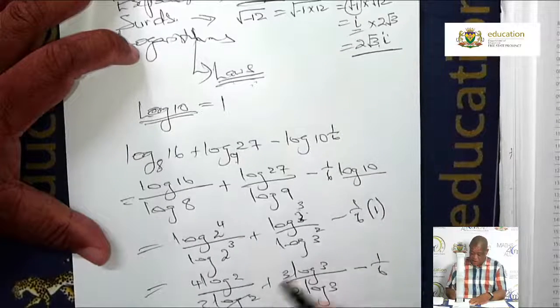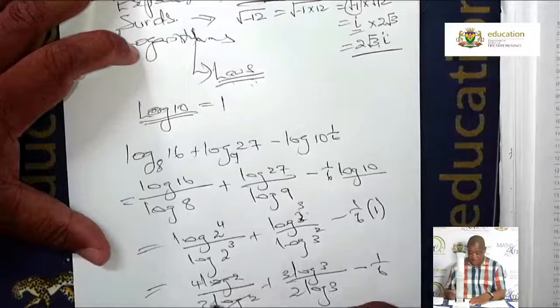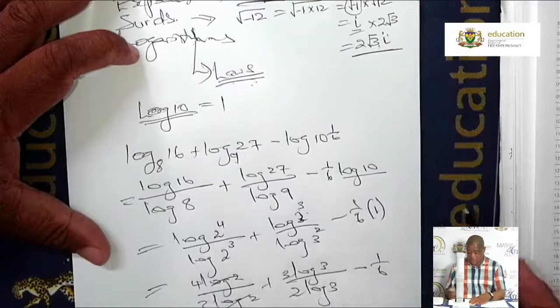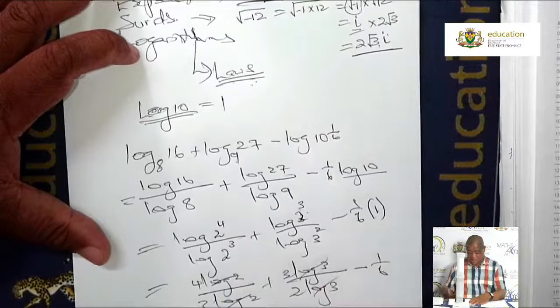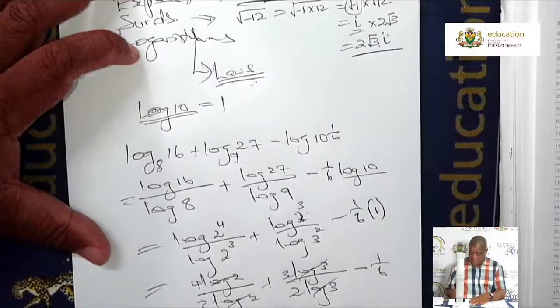Of course, log 2 cancels log 2, then we are having 4 over 3. This side, log 3 cancels log 3, 3 over 2, then minus that. And then you are left with 4 over 3 plus 3 over 2 minus 1 over 6.